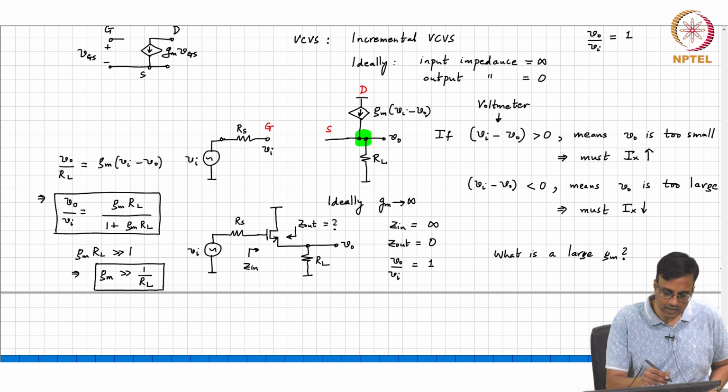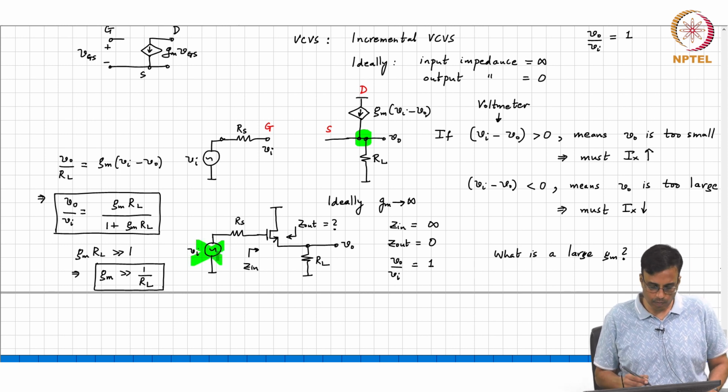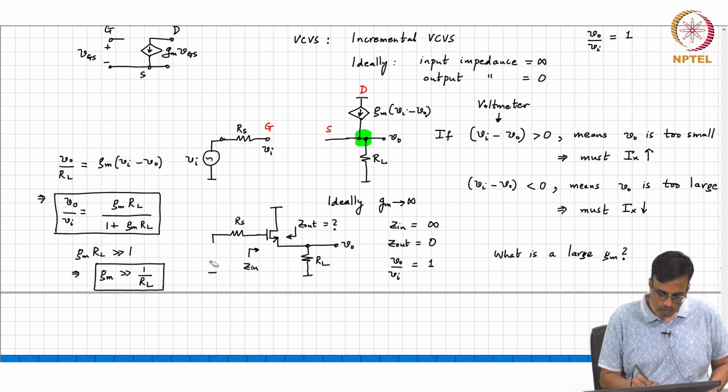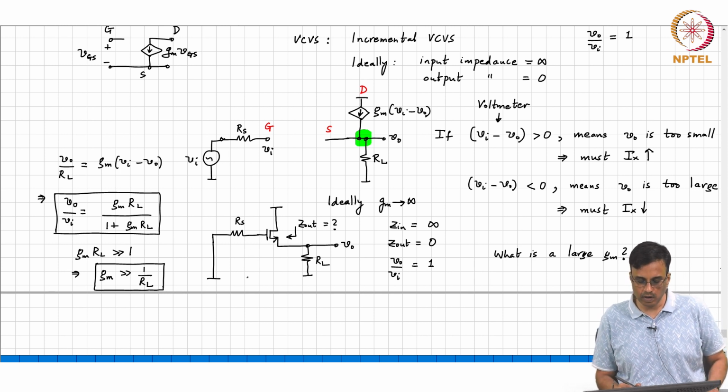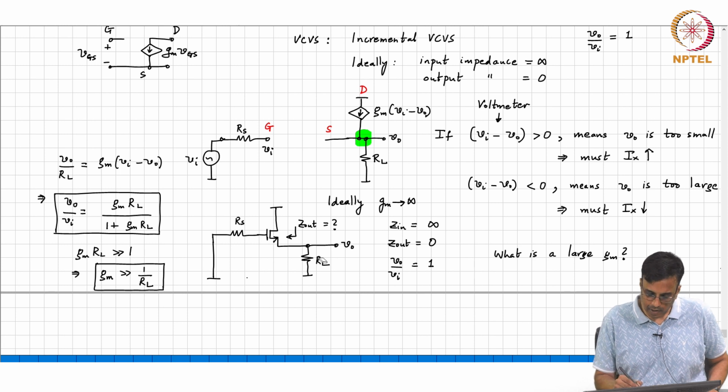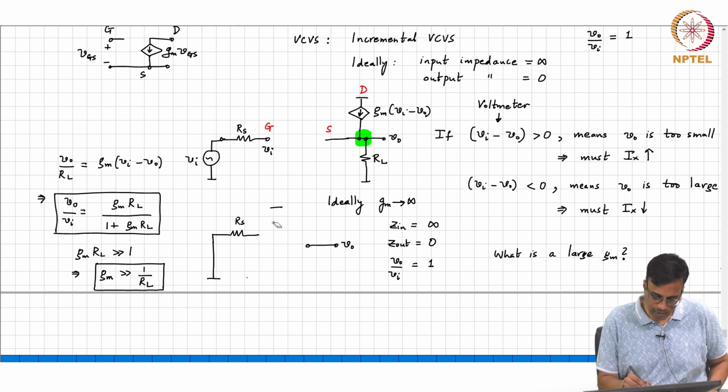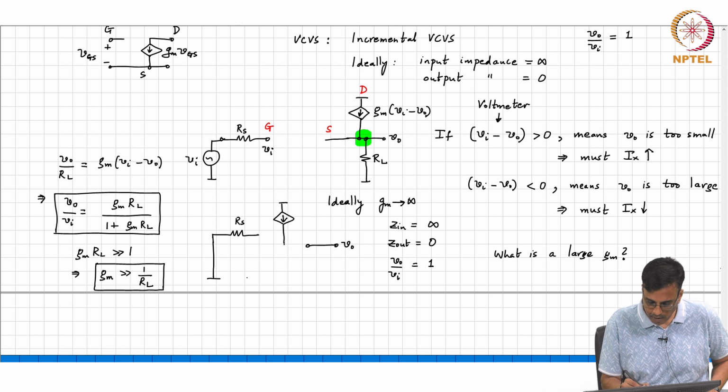Well, we de-energize all the independent sources. So, Vi becomes 0, and so does Rs, and we need to find Z out. So, what will we do? We will replace the transistor with its incremental equivalent. So, that is our control source friend right there.